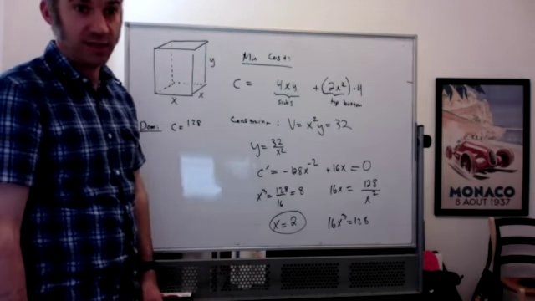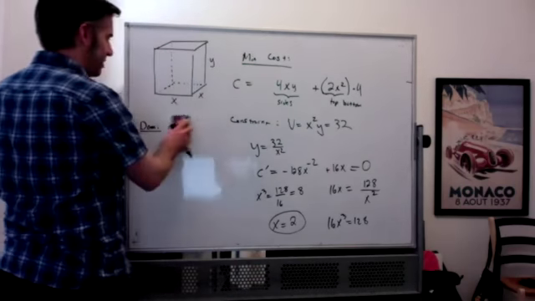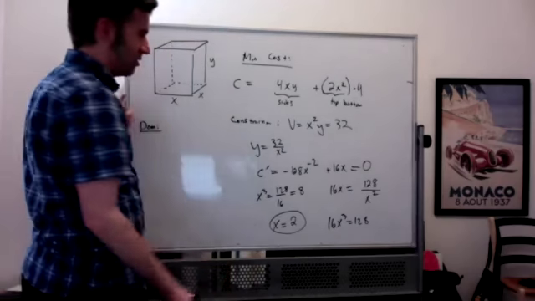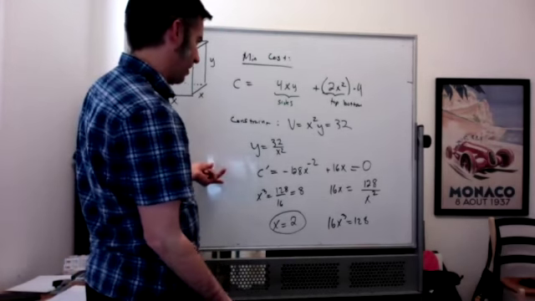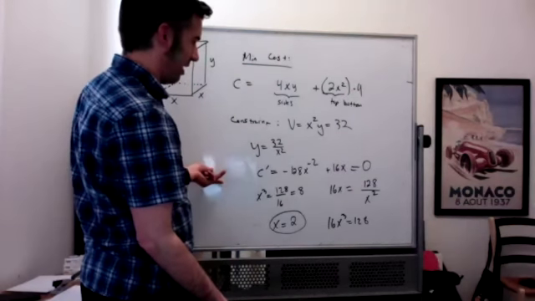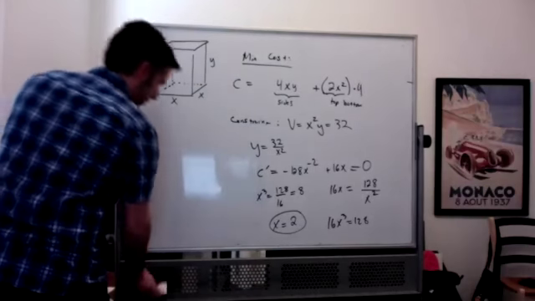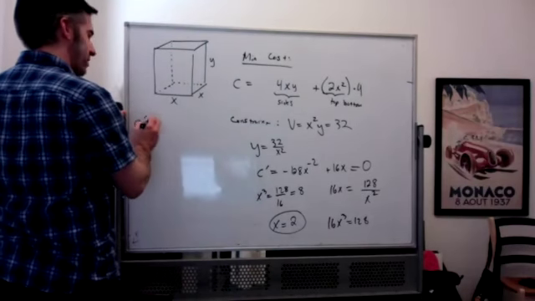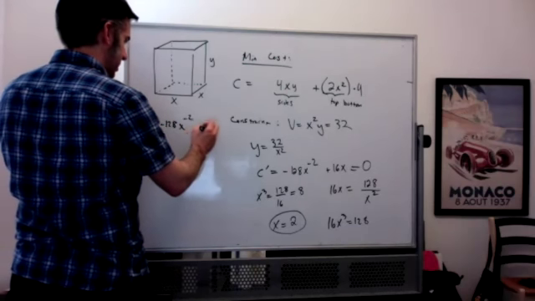I wasn't making a dumb mistake. Sorry, my brain's getting a little tired. The mistake I was making was I was taking the derivative of the original function to find the second derivative. So let's be a little more careful here. Our first derivative is negative 128 x to the negative second plus 16x.